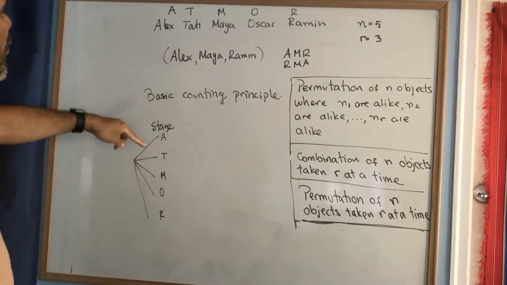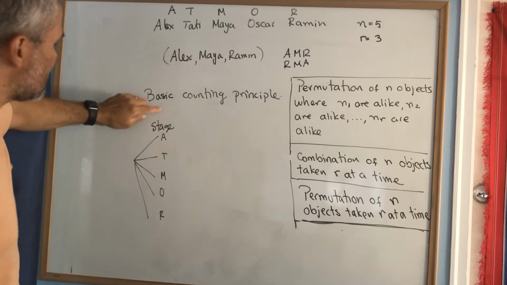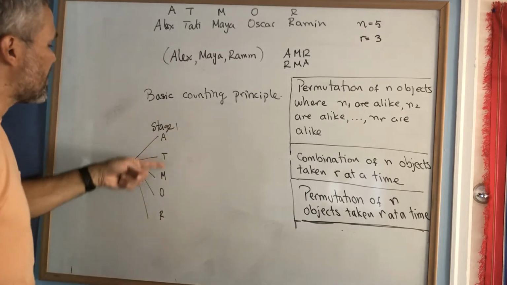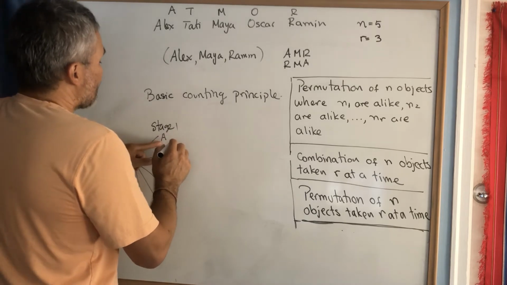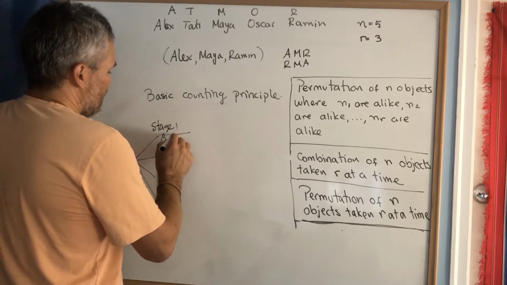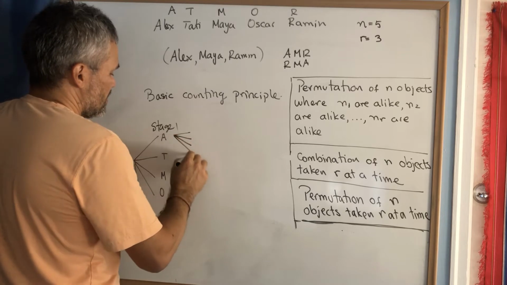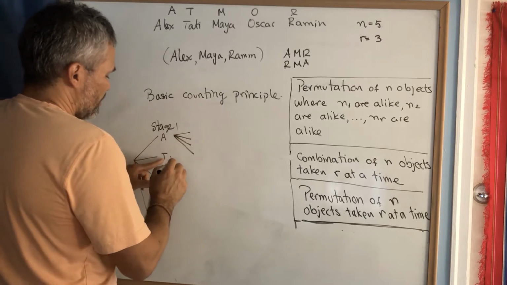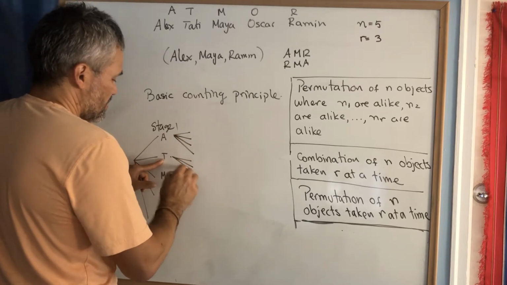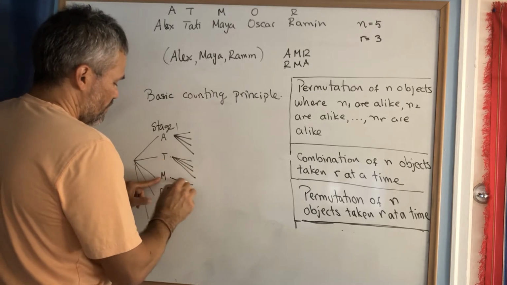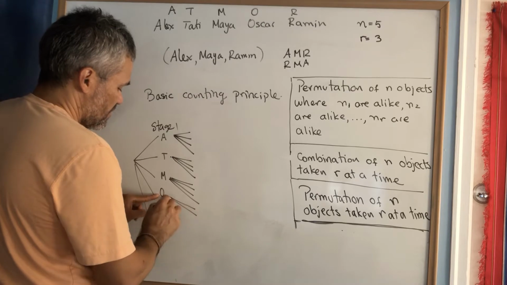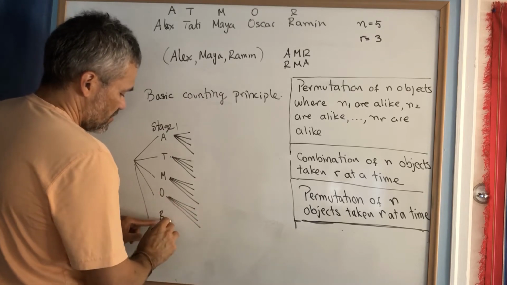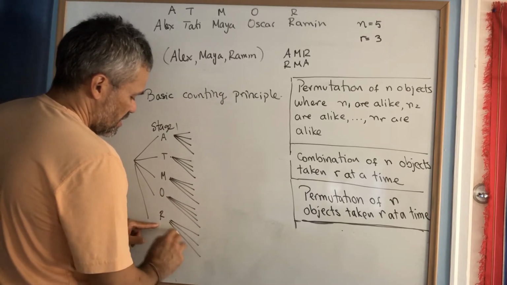For the second stage, we pick who got second. If Alex got first, then we only have 4 possibilities. If Tatiana got first, we only have 4 possibilities, and the same for each of the others.